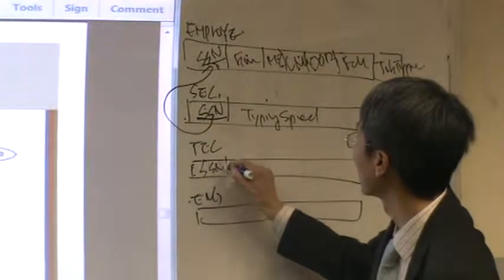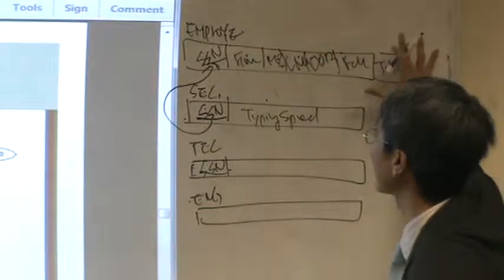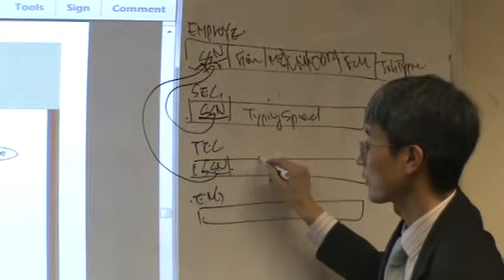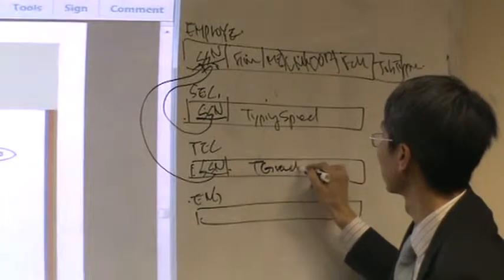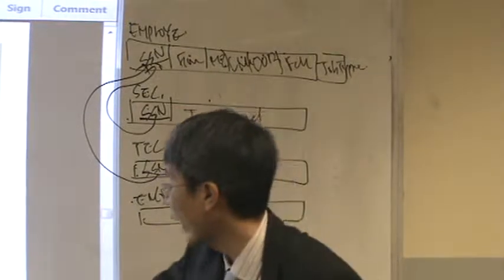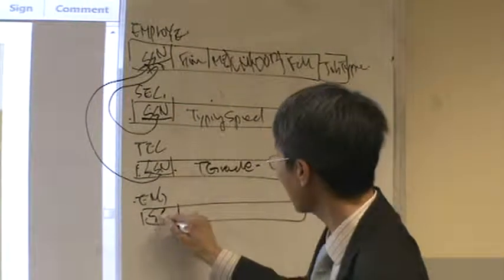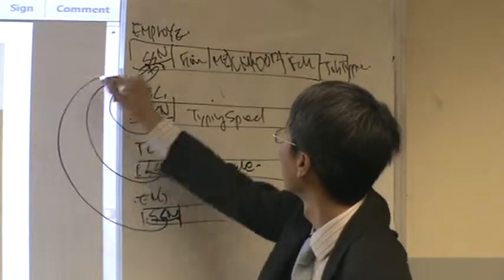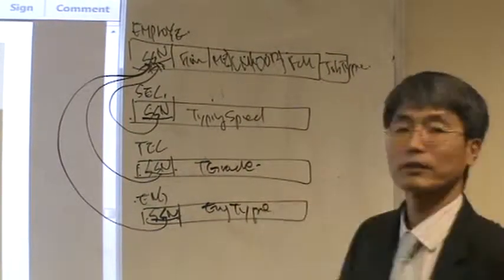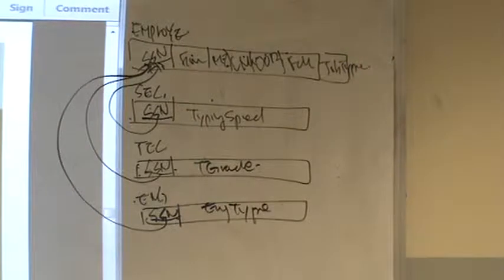Social security number, we don't have to inherit all of this. Instead, foreign key. Then technician grade. What about the engineer type? Same thing. Engineer type. That's it. That is the first option.